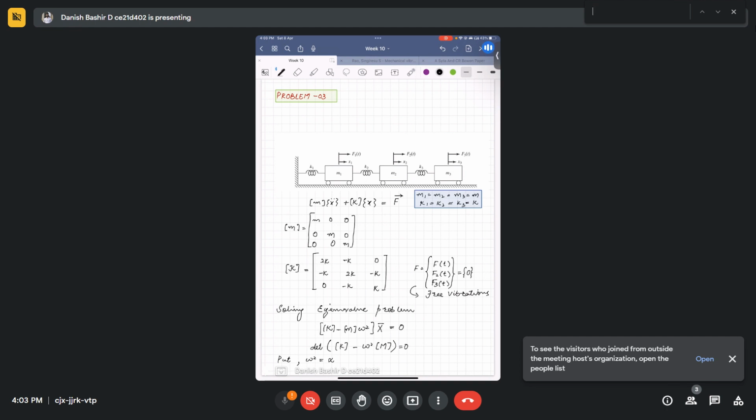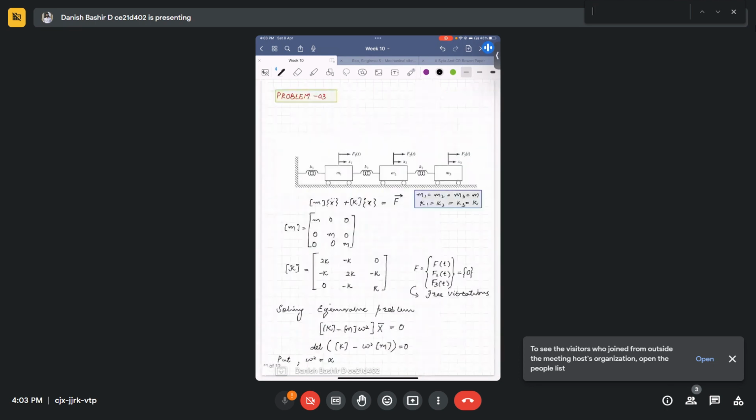I am making the substitution omega square is equal to alpha. It will make the polynomial a cubic one, and then we will be solving. When I substitute K matrix here and mass matrix M here, I will be writing small m here again.